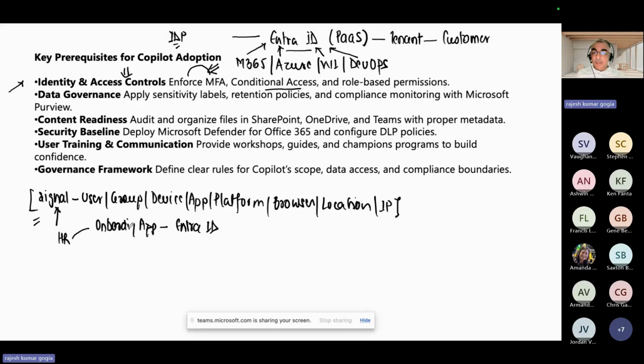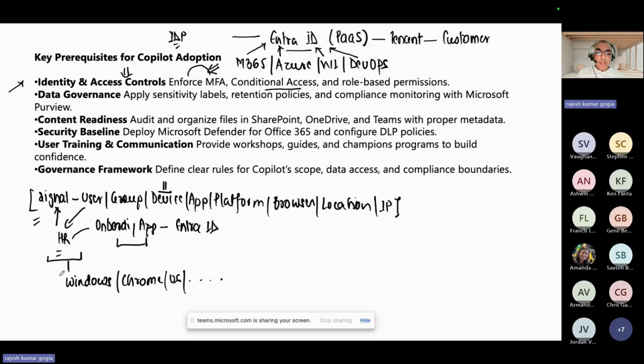If that application has been registered with Entra ID, and HR needs access to it, I'm going to implement a policy saying that if the users belong to the HR team, the devices should be compliant, for the onboarding application, from a particular platform, they must be using Windows, from a particular browser, Chrome, from a location, say the United States, and this IP address.